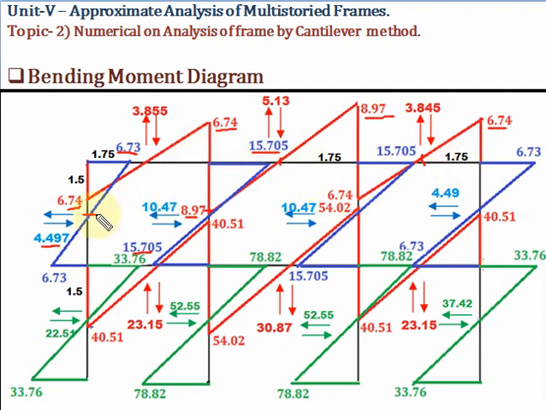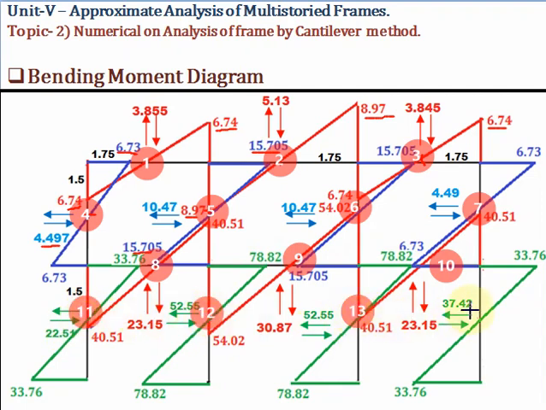Okay. Now here the node number is what? 1, 2, 3, 4, 5. So I will name this. This is node number 1, 2, 3, 4, 5, 6, 7, 8, then 9, 10, 11, 12, 13, 14.